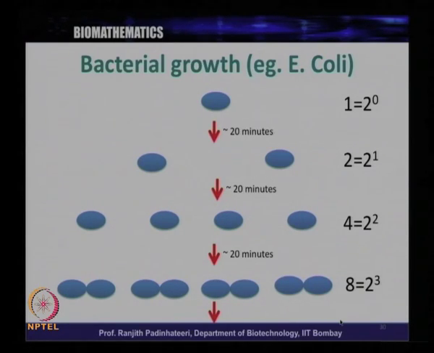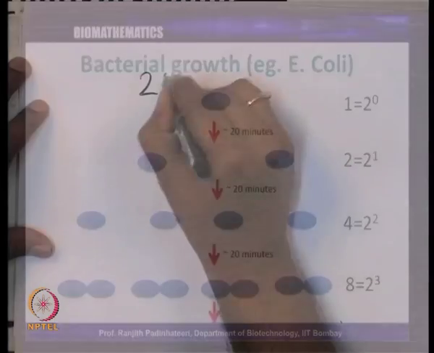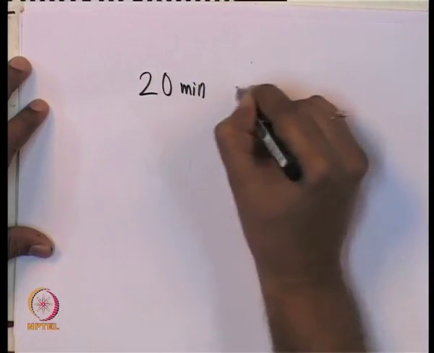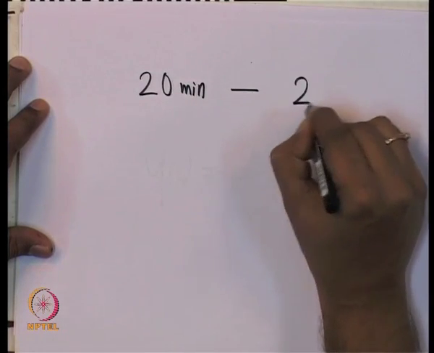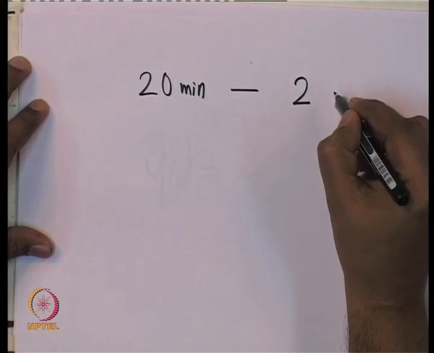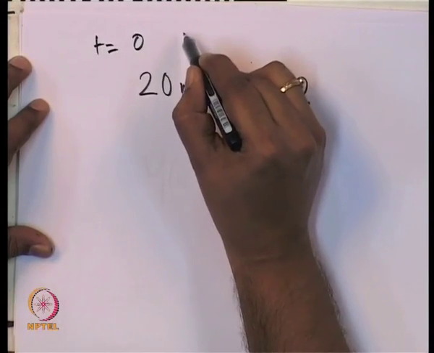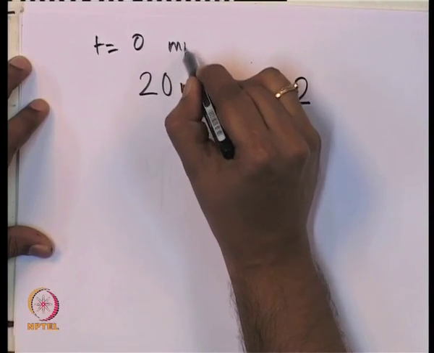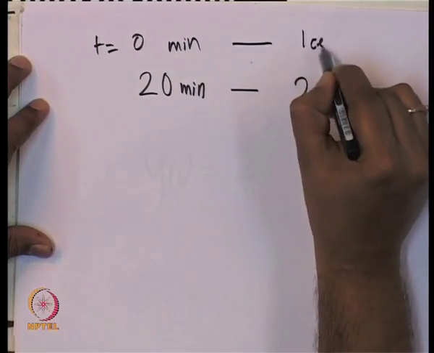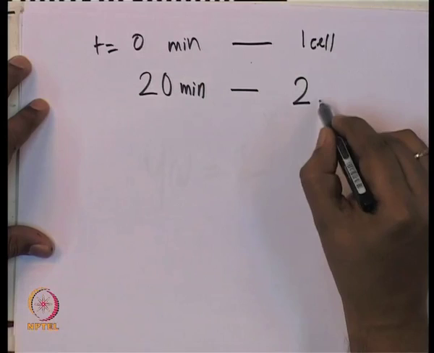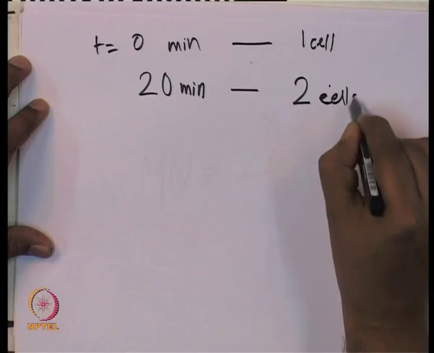Let us write slowly and understand. At time equal to 0 minutes, you have just 1 cell. In 20 minutes you have 2 cells.